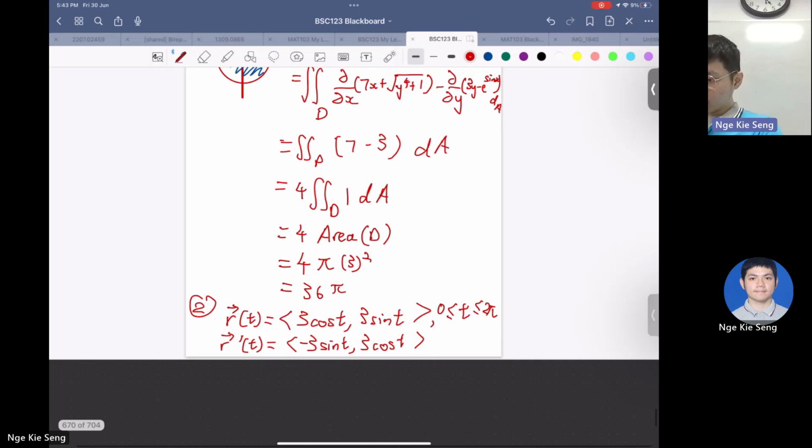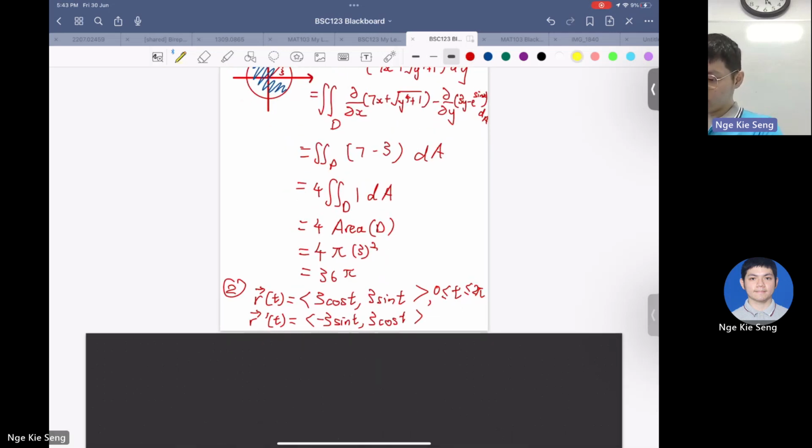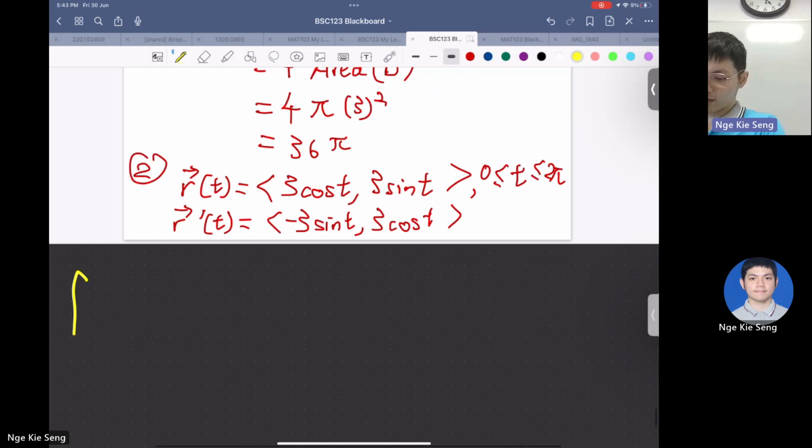Okay. So now we do the line integral. We already parameterized our curve, so we need to do our line integral here. Okay, so let me write.